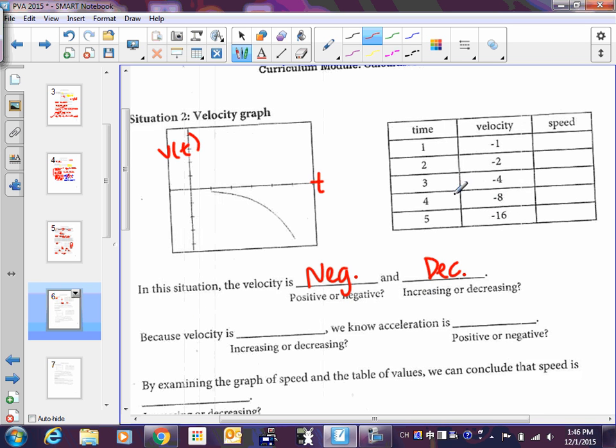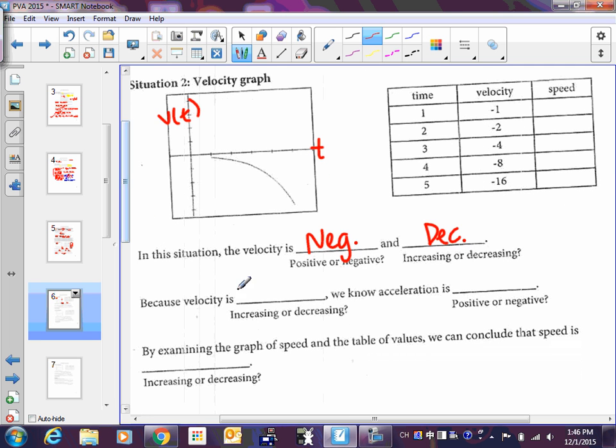All right, and I skipped the table here for a reason, by the way. We will get to it, but because velocity is decreasing, that's what we just decided, we know that acceleration, which is the same as v prime, is negative. Okay, remember acceleration is the slope or the derivative of velocity.